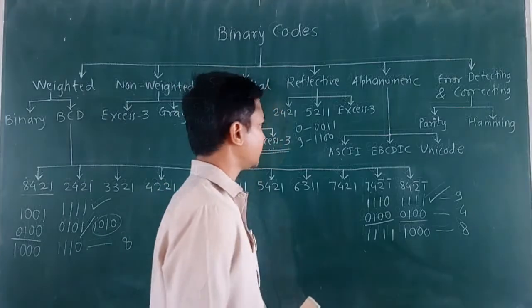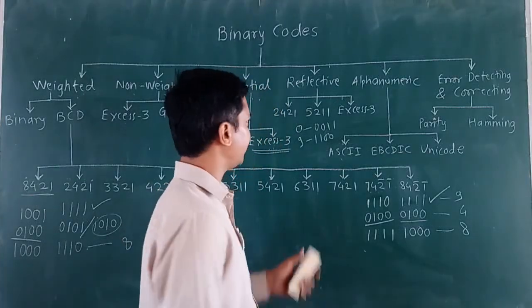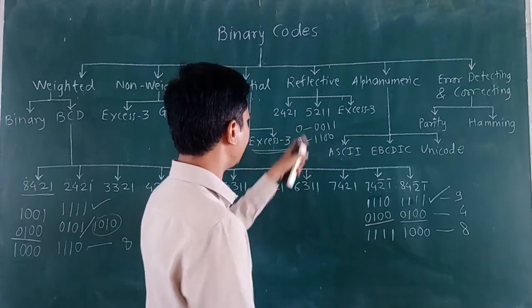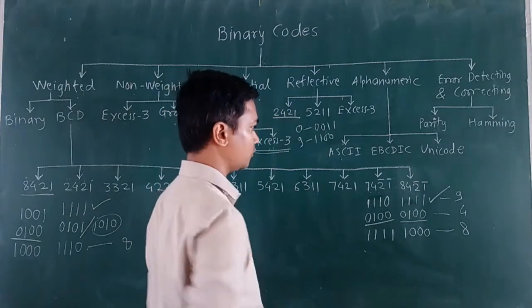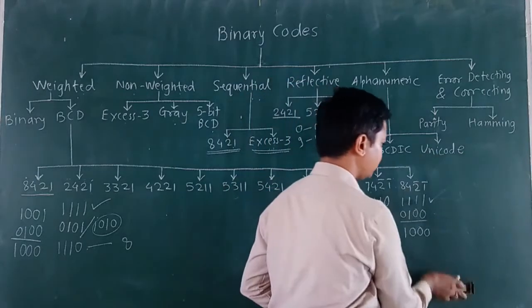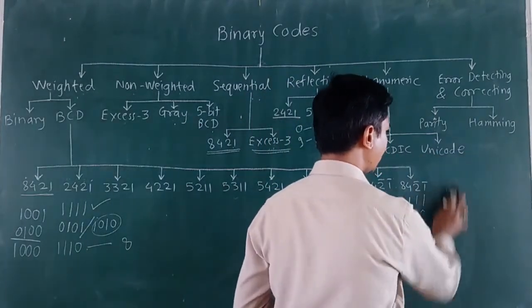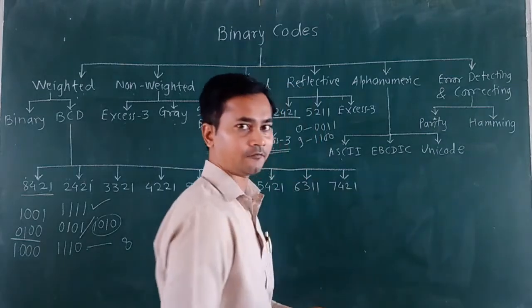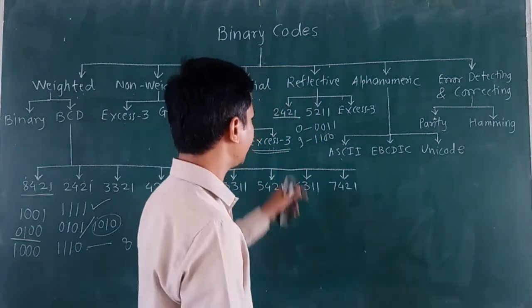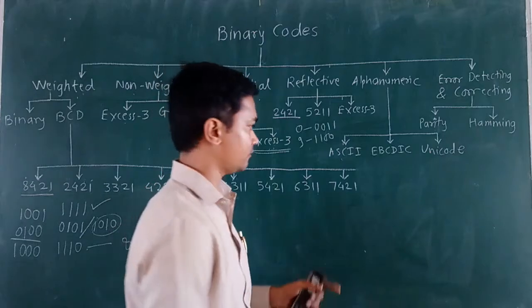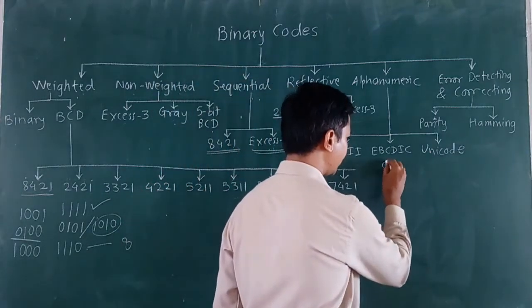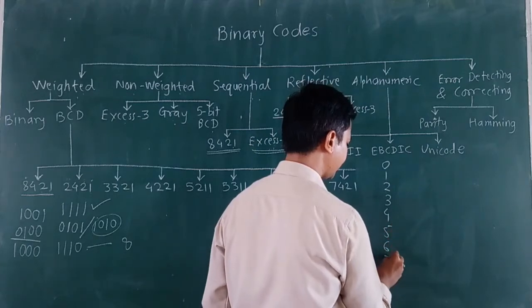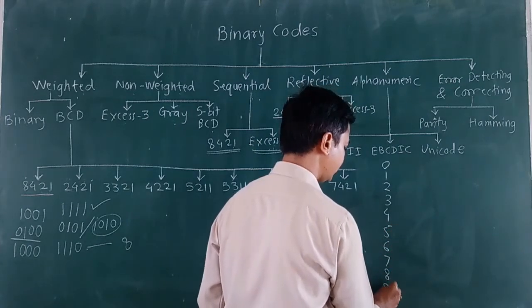Now we will see the reflective codes. From this we will see only the 2421 code. Reflective codes are also used to represent 0 to 9 values. Suppose you write 0 1 2 3 4 5 6 7 8 9.